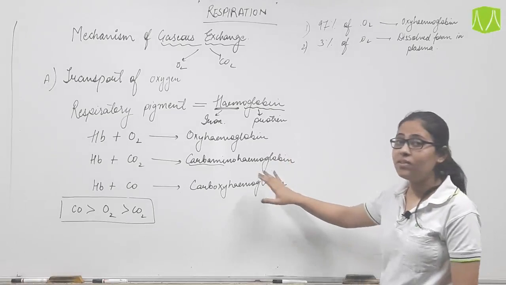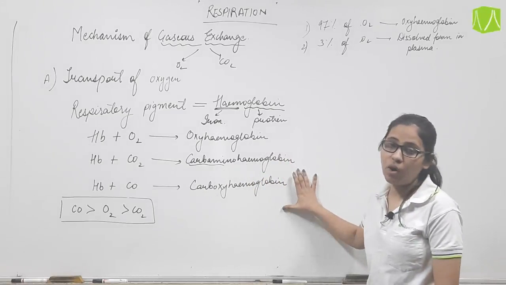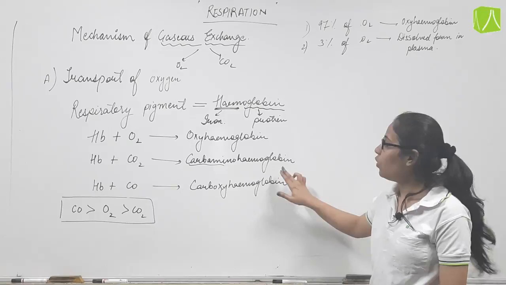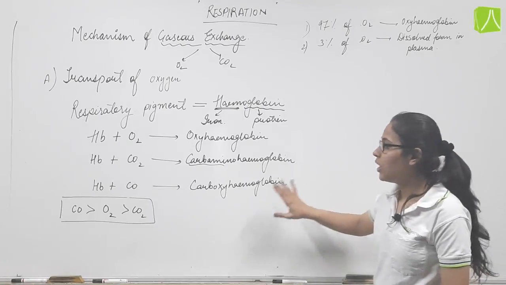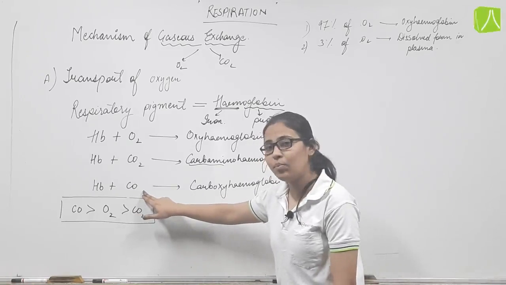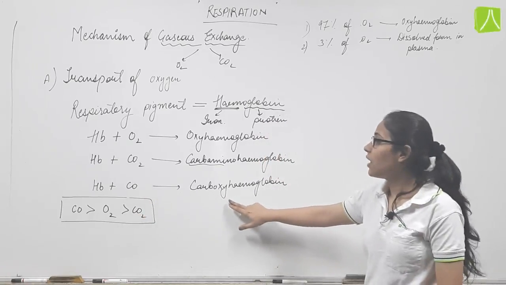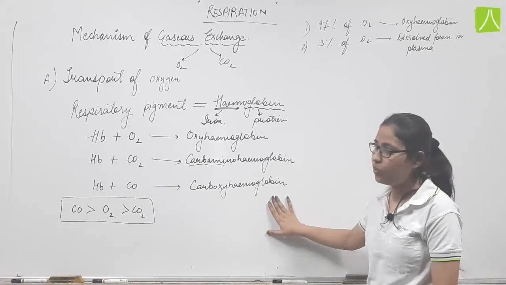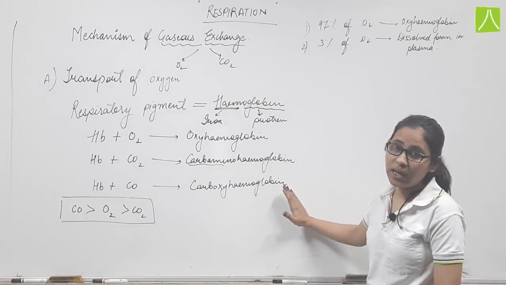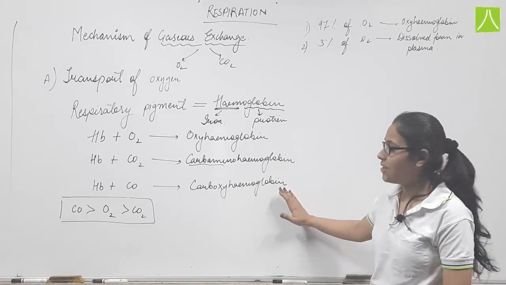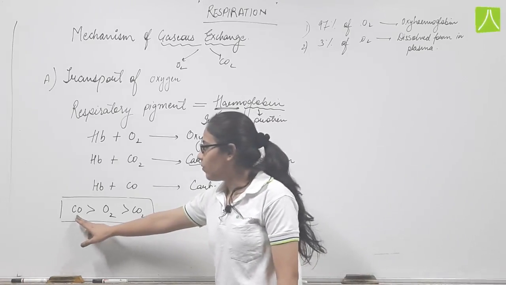When it binds with CO2, the structure formed is known as carbaminohemoglobin. This we have to remember, this is important. When hemoglobin binds with carbon monoxide, it forms carboxyhemoglobin.